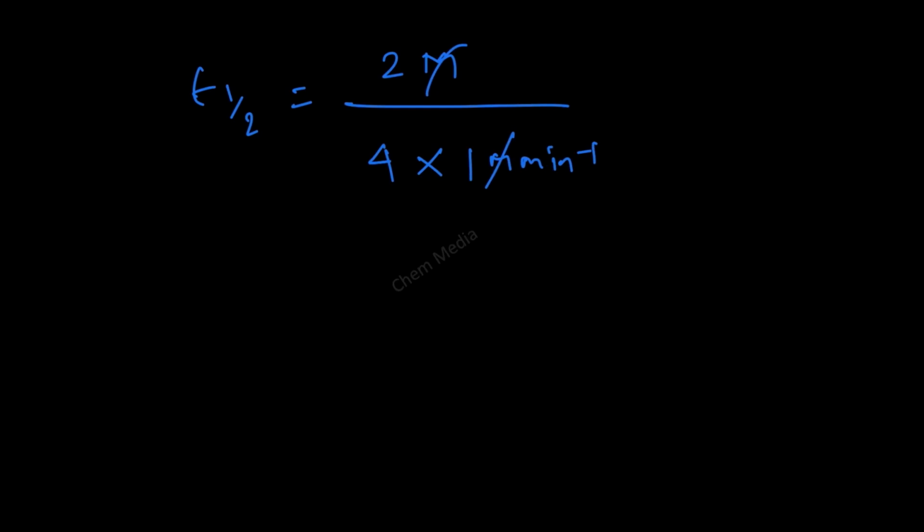So therefore, T half is equal to initial concentration, 2 molar, divided by 4 times K. Now, whether K true value is given or K effective value is given, we have to presume that they have given K true. So therefore 1 molar per minute, which means T half is equal to 1 by 2 minute. Everything seems to be okay here. So T half is equal to 0.5 minute.